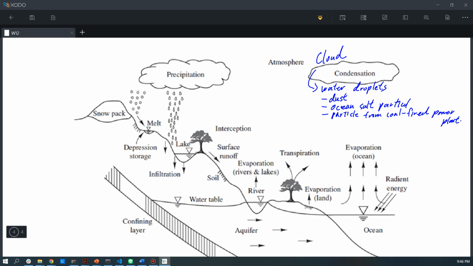And in the precipitation, the droplet will pick up the air pollution and bring them to the ground.